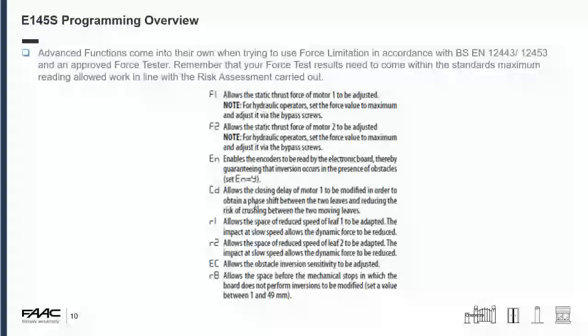You should be able to hold a gate against the bypass. So essentially, it shouldn't be trying to drag you along with it. Obviously, encoders help with force limitations because it tells the board exactly where the gate is, so it's always more helpful to have that facility.